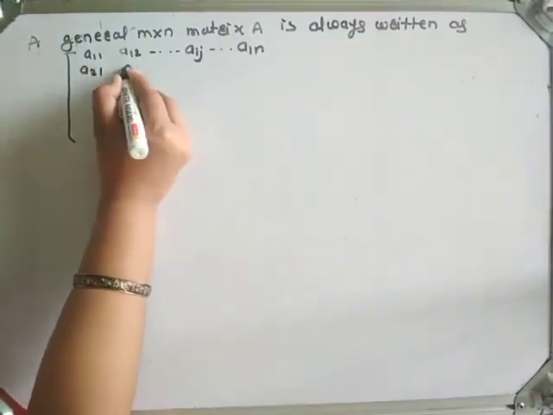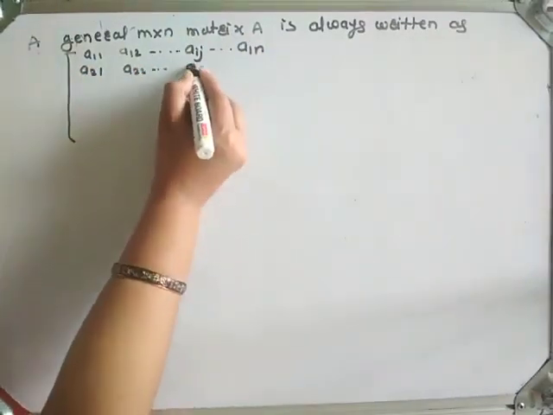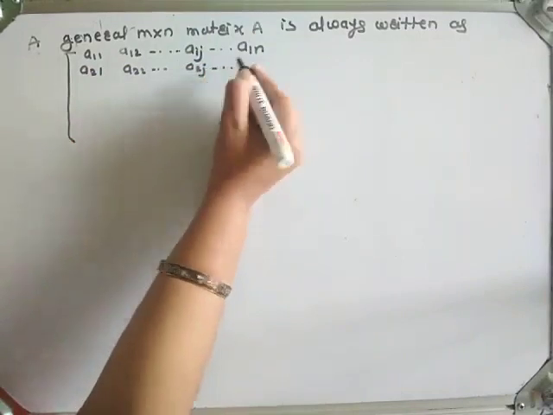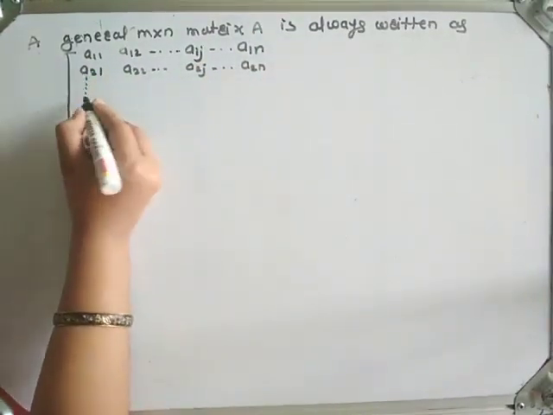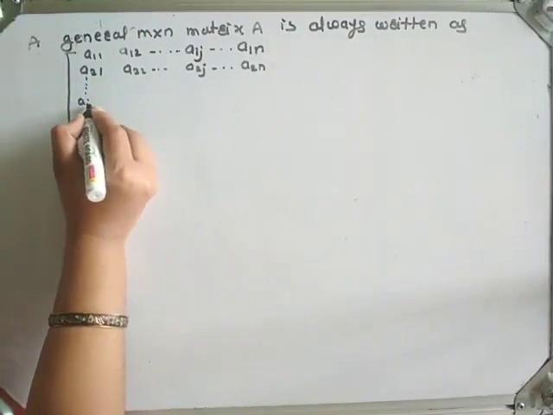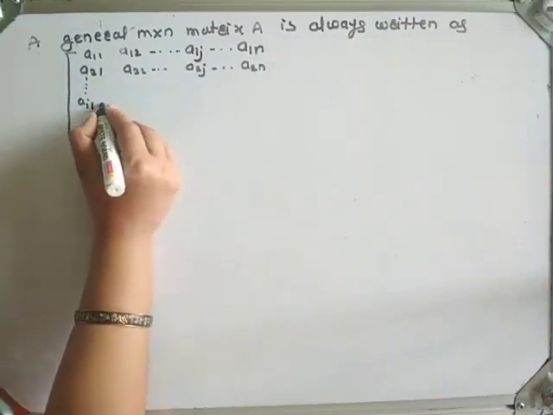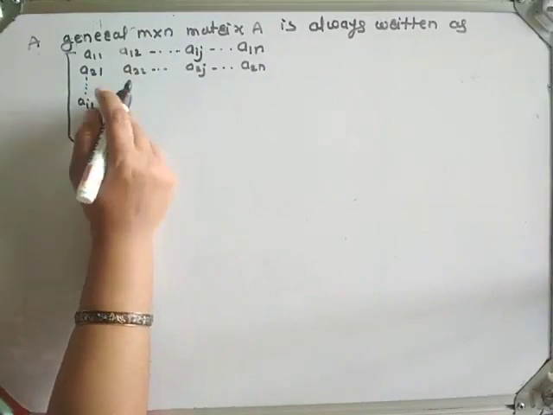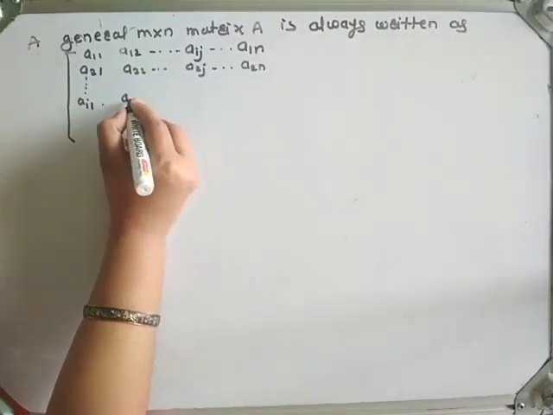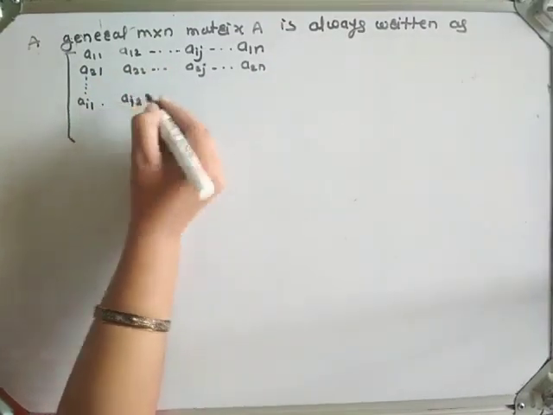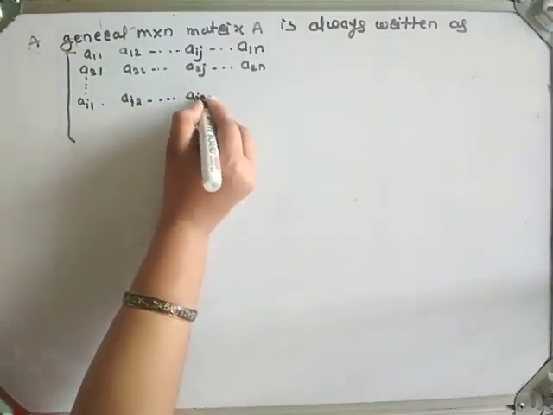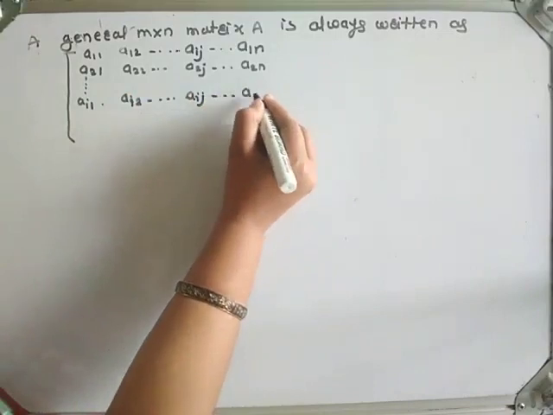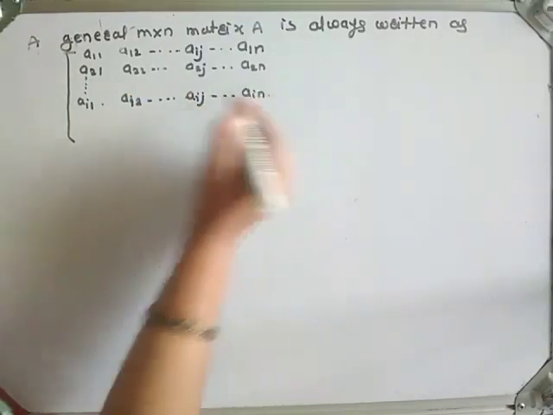Second row is a21, a22 and so on up to a2j and so on up to a2n, and so on up to the ith row: ai1, second entry is ai2 and so on up to aij and so on up to ain.